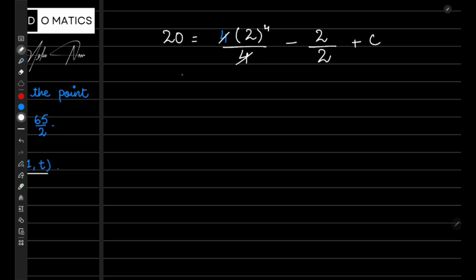So this will become 20 minus 2 to the power 4 plus 1 equals c. 2 to the power 4 is 16. 21 minus 16 is c. So the constant of integration is actually 5.